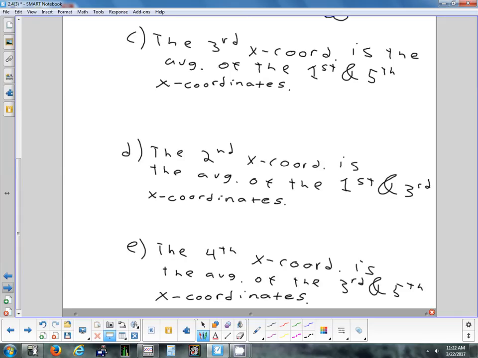You might start to notice a pattern. So if you start to notice a pattern in your list, you can just follow the pattern. And we'll do some that I think you'll pick up on the pattern pretty quickly.